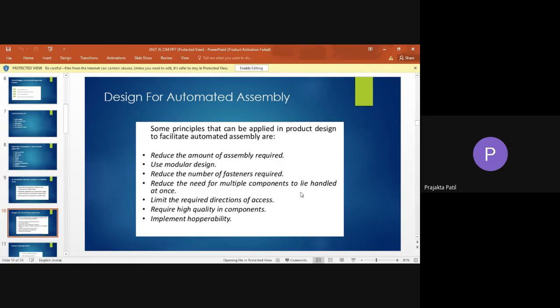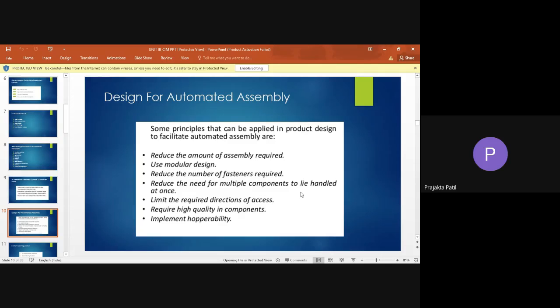So you'll have to fix the direction of access. The components must be added to the base part in a particular direction itself. It should be appropriate if all the components are added vertically from above to the base part. So you'll have to fix one direction for all the parts to come from, instead of having random directions of access to assemble these different components to the base part.